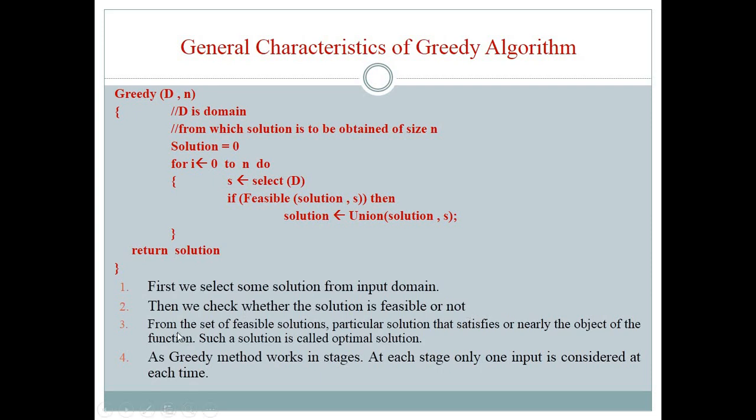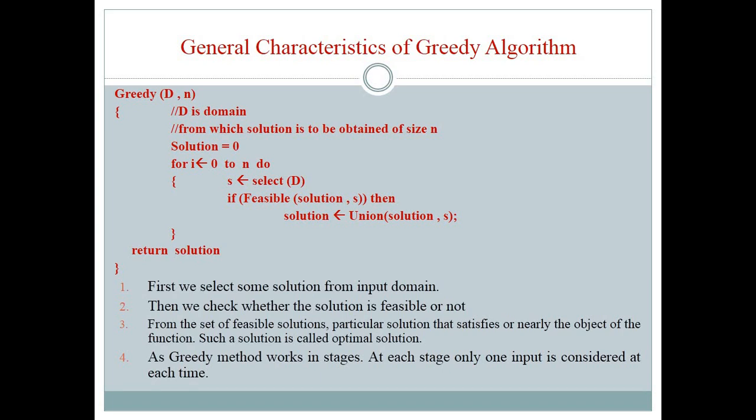After it, from the given domain we will find the total set of feasible solutions, and from that set we will find a particular solution that satisfies the objective function. Such a solution is called an optimal solution. It means from the set of solutions, we will find an optimal solution.